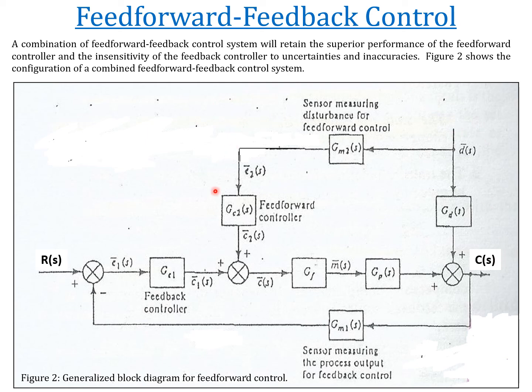This one takes care of the disturbances in particular, and this one takes care of the normal set point changes and is insensitive to the modeling errors and so on. So it takes care of both worlds. Of course there is some instability involved because it's still a feedback, but hopefully if you design it properly, it should be able to handle instabilities.